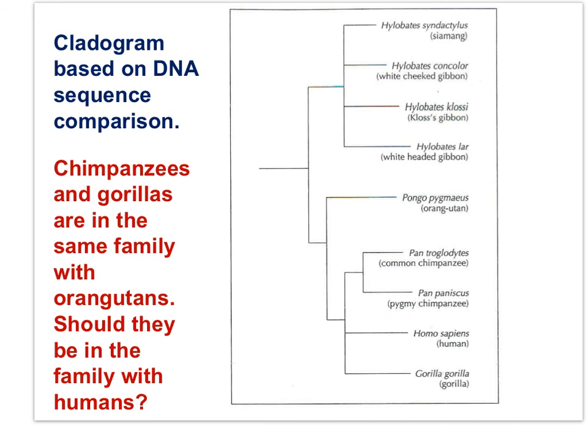This cladogram shows the evolutionary relationships among the great apes, including the orangs, the chimpanzees, the humans, and the gorillas. You can see the arbitrary nature of the 7 taxa hierarchy right here. All 5 of these species have been placed into the same family, Hominidae, but the orangs are clearly more distantly related.